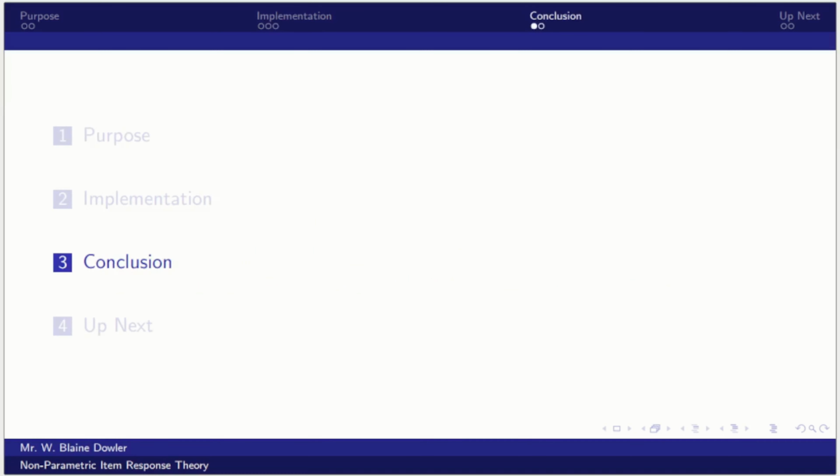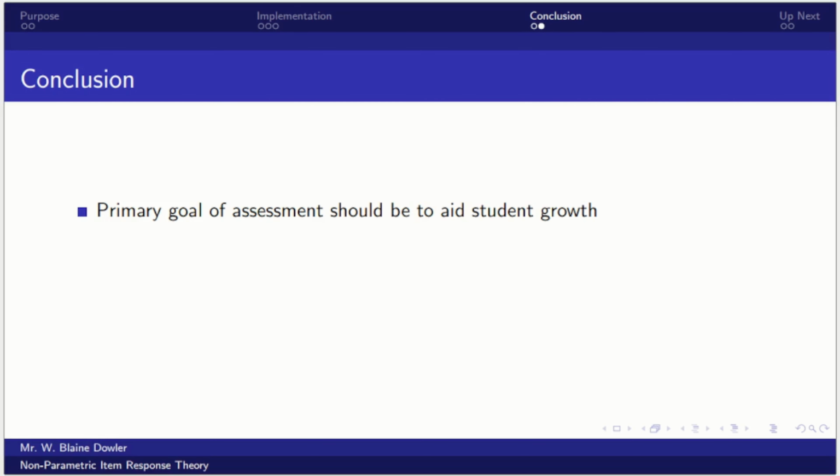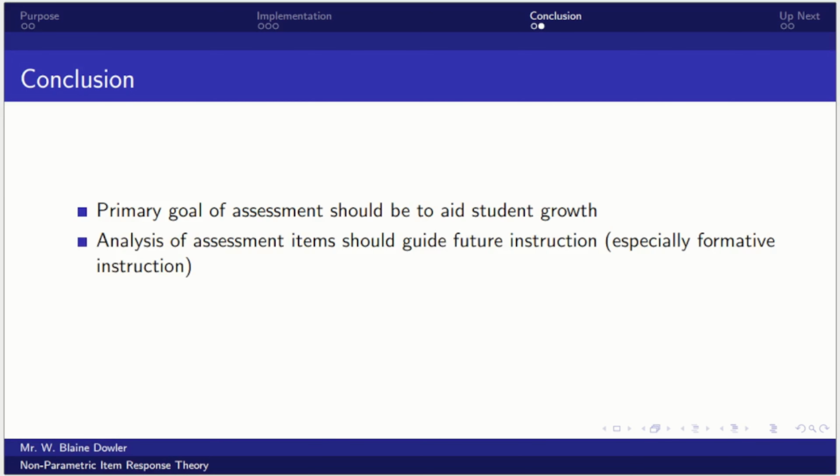So in conclusion, the primary goal of assessment should always be to aid student growth. So the analysis of the assessment items should be used to guide future instruction. This is especially true of the formative assessment done during instruction.